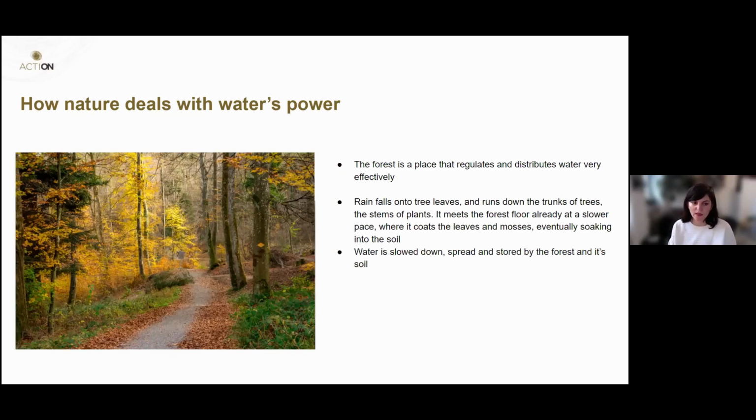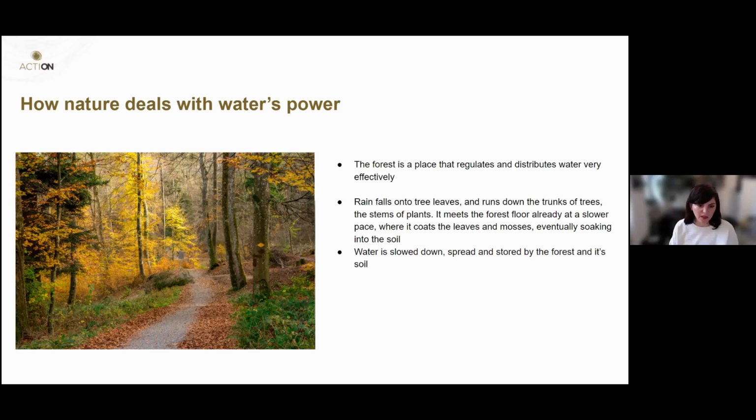Nature, of course, is a model that can teach us so much, not only about itself, not only about how to survive, but how to actually structure organizations and how to work with people. The forest is a place that regulates and distributes water very effectively. It's a good analogy to have in your mind how the forest deals with water.